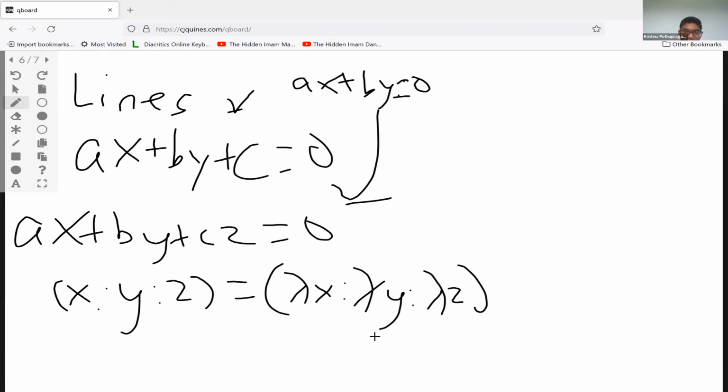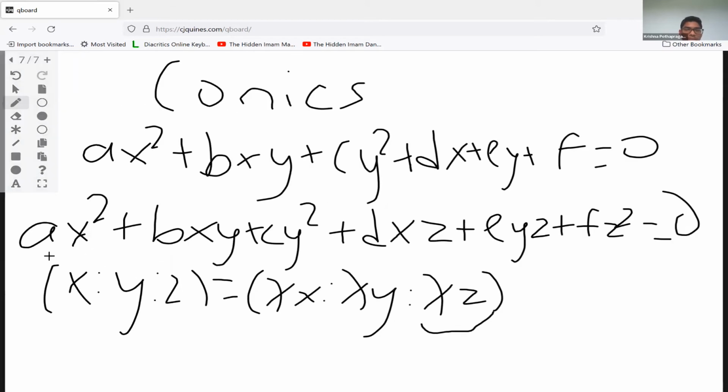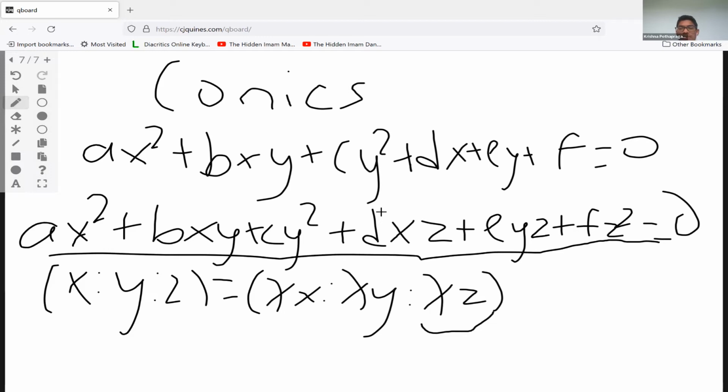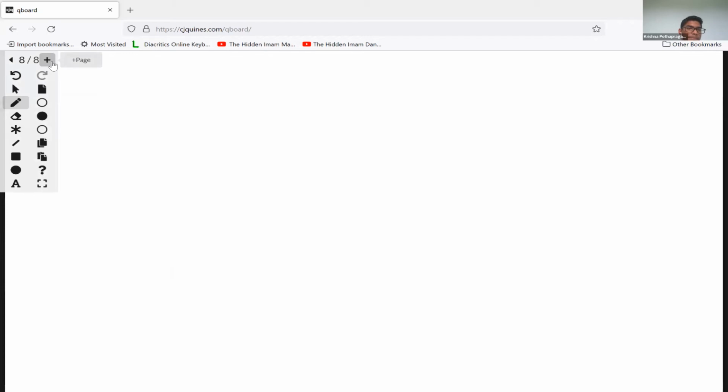Any other questions? So the main takeaway is that lines can be represented like this, conics can be represented like this, and these are exactly our same definitions of lines and conics as before, but now with points at infinity that we can put into these equations without having any problems.